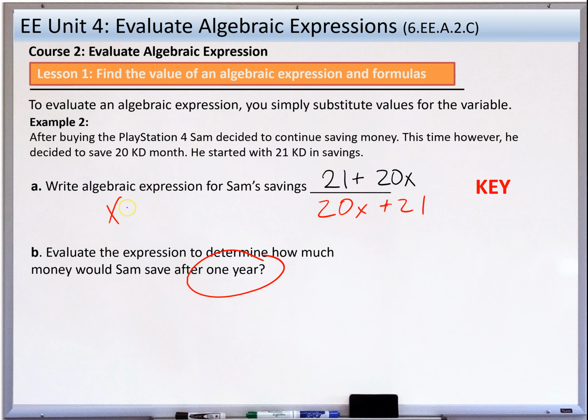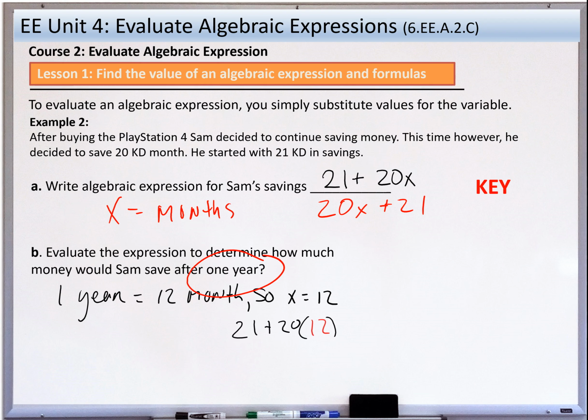So if we said x equals number of months, then our x would have to be 12, because 1 year is 12 months. So we're going to evaluate 21 plus 20x for x equal to 12.